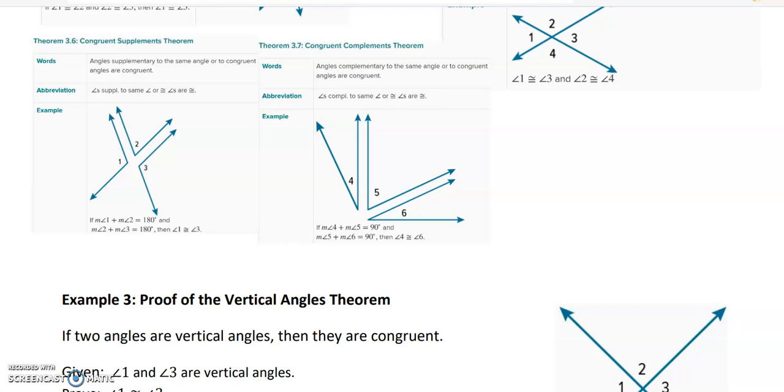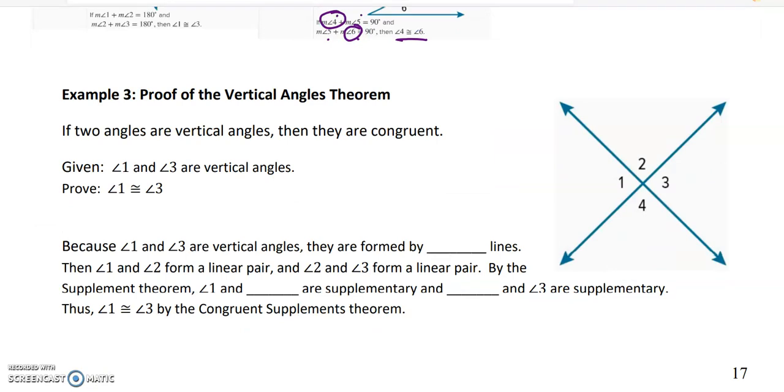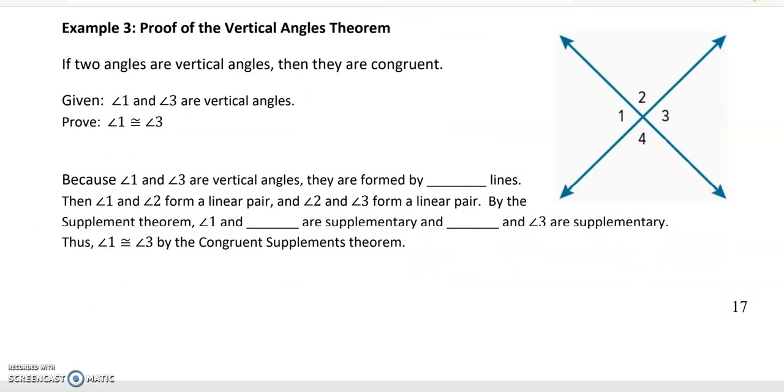We're going to use those here in just a little bit. Same thing with complementary. If they are complementary to the same angle, so if we see 4 and 5 and then 5 and 6, then we know that 4 and 6 would have to be congruent to each other.